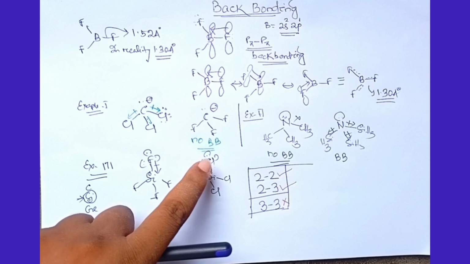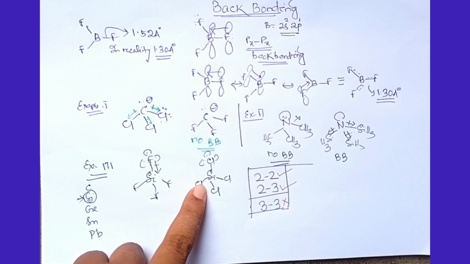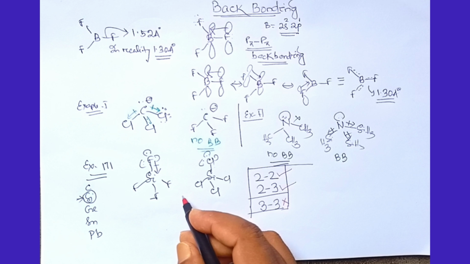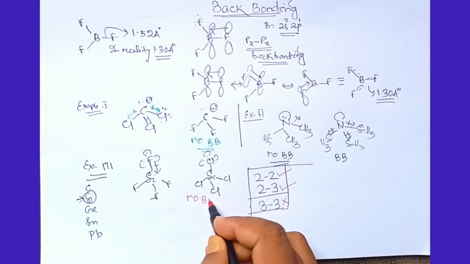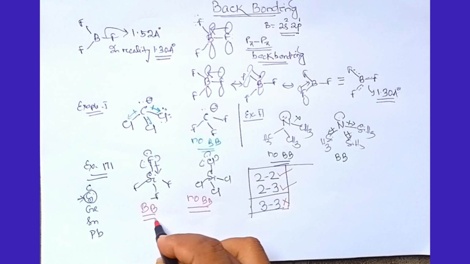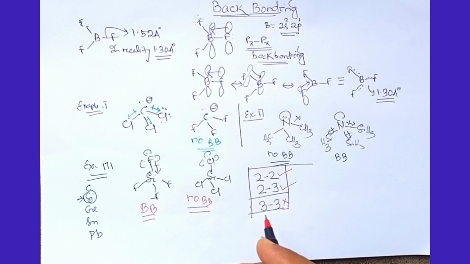So here though back bonding appears to be possible, there is no effective back bonding, so we can say no back bonding. Are you getting my point? So here back bonding is possible and here there is no back bonding. Okay.